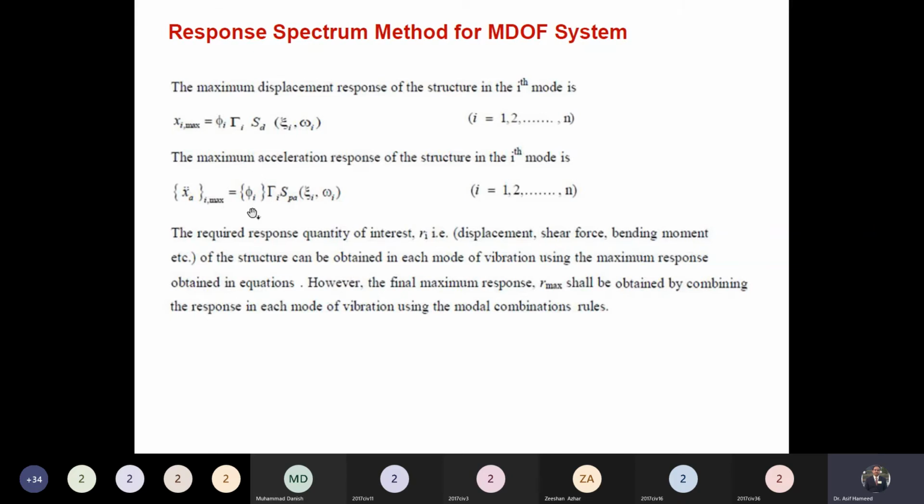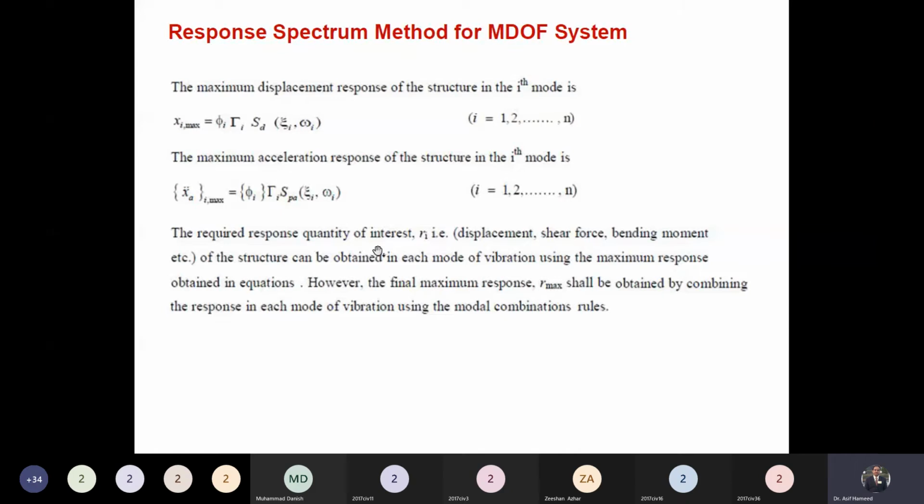This is a modal vector, mode shapes, so you can find out the actual response of the different masses because of a particular earthquake by multiplying with the modal vector. Okay, and also with the modal participation factor.